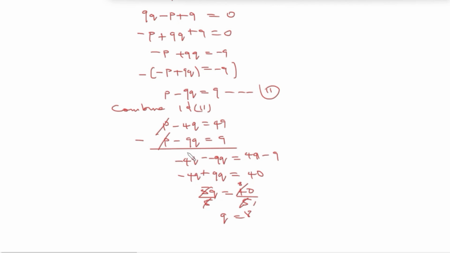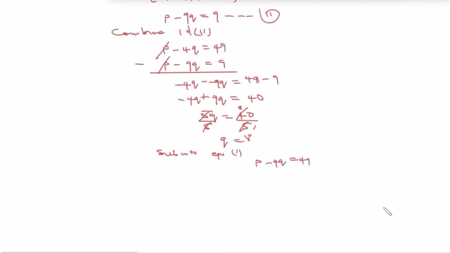Now we substitute into any of these equations to find the value of p. Let's substitute into equation 1, that is p minus 4q is equal to 49. Substituting q, which is 8, we have p minus 4 times 8 is equal to 49. 4 times 8 is 32, so p minus 32 is equal to 49. We send this over, so p is equal to 49 plus 32.